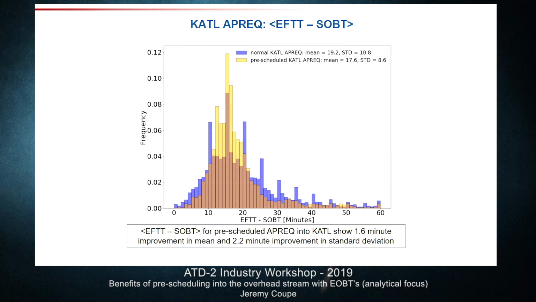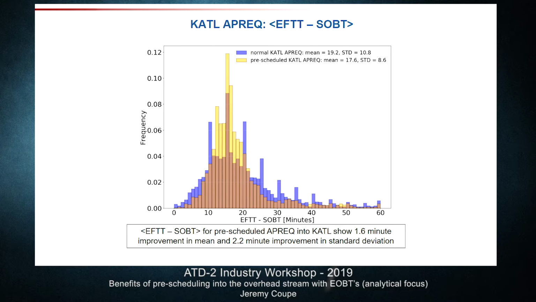What you see here is that the surface system is requesting slightly earlier times than the human TMC was requesting, but the standard deviation is also improving by 2.2 minutes.